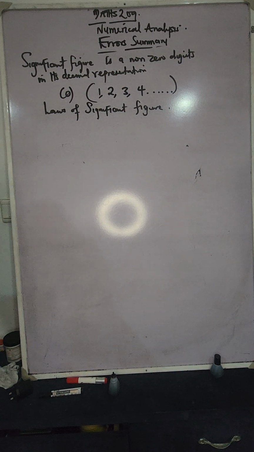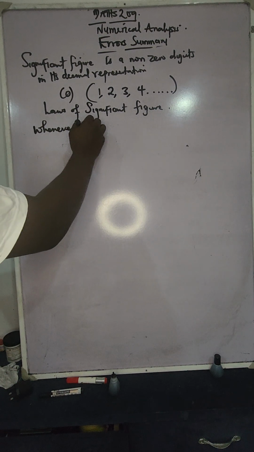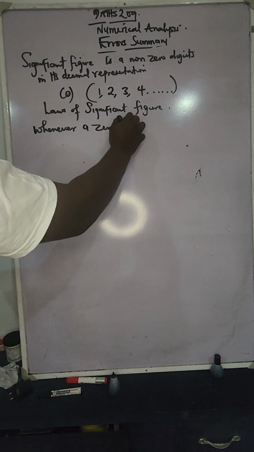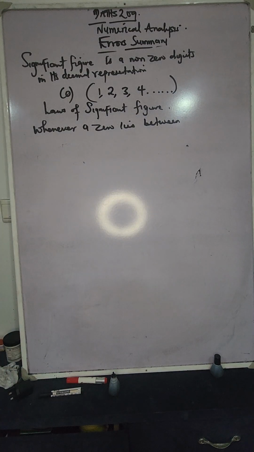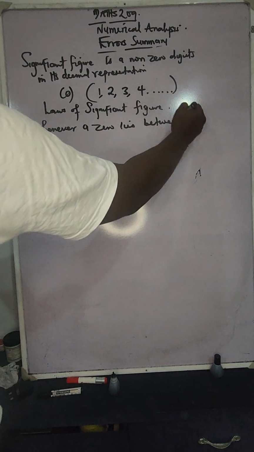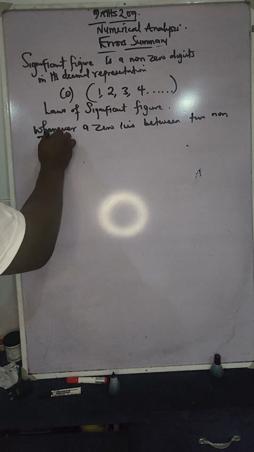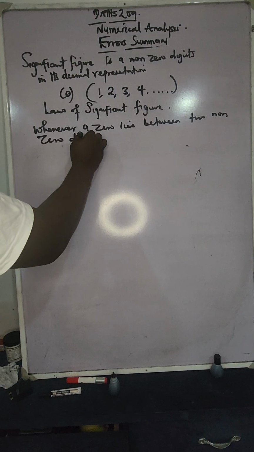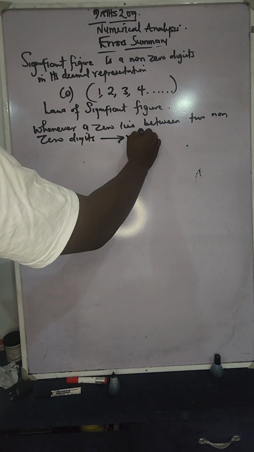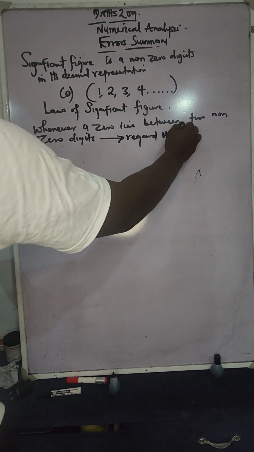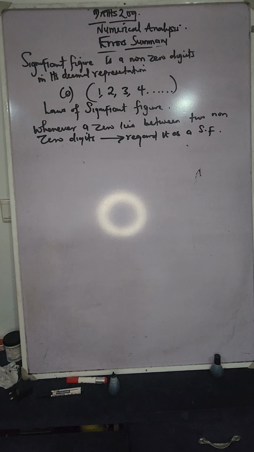Number 1, we said whenever a 0 lies between two non-zero digits, we should regard it as a significant figure.